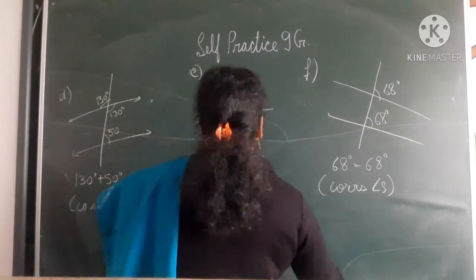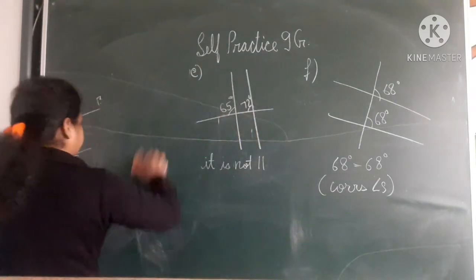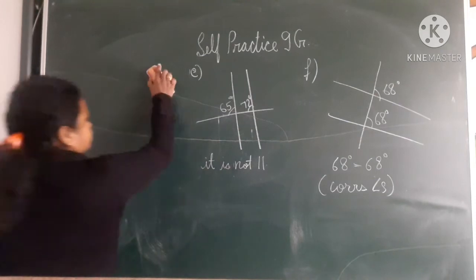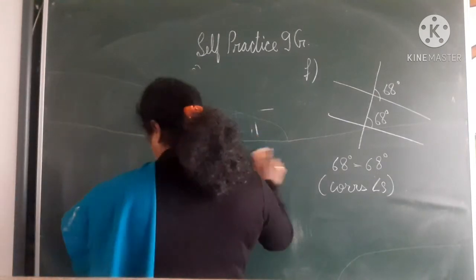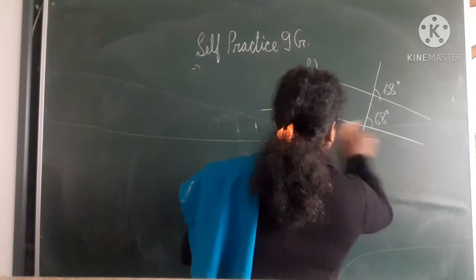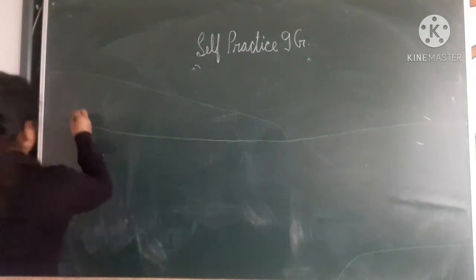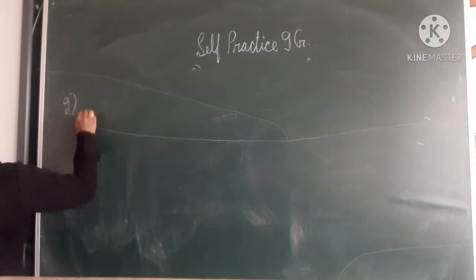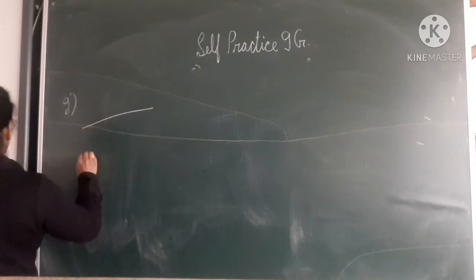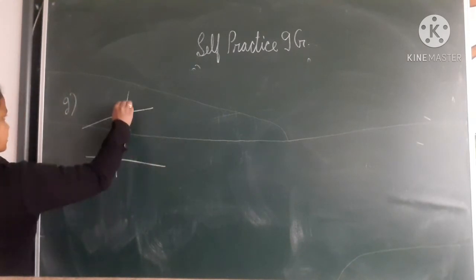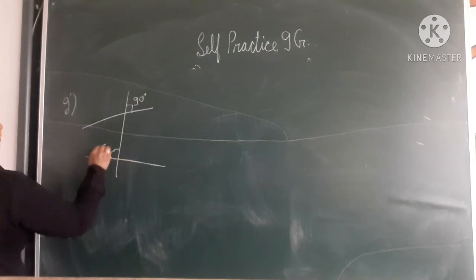Now see the G part. This is 90 degree and this is 50 degree.